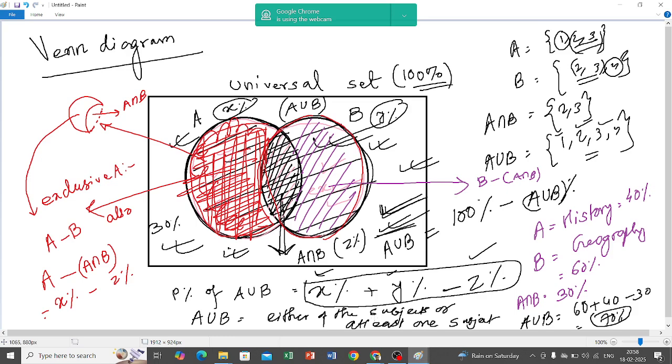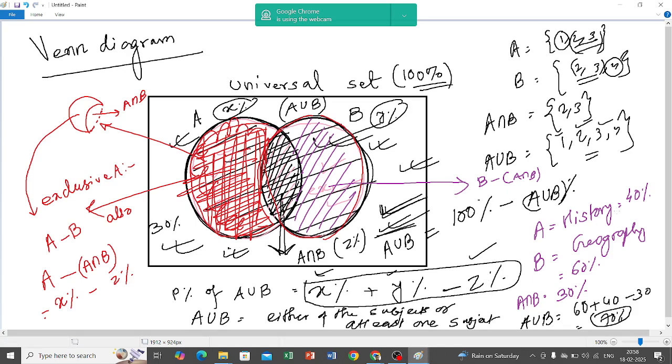Percentage of people who have only passed in history, that means not in geography or not in both, only uniquely in history. 60 minus 40. Anybody else? 30. Percentage of people who have only passed in history.